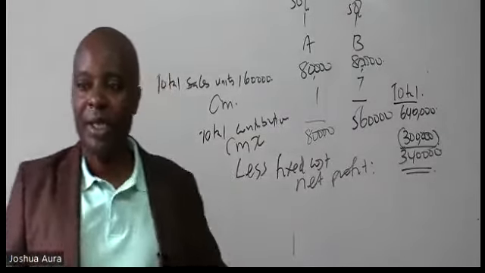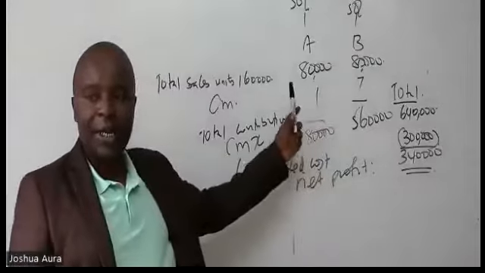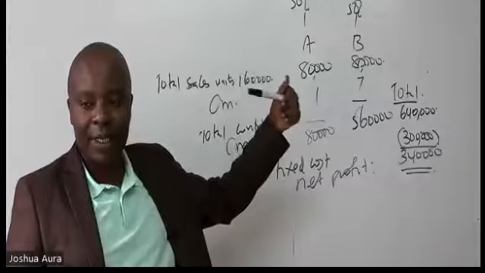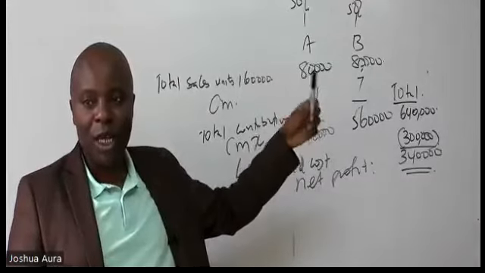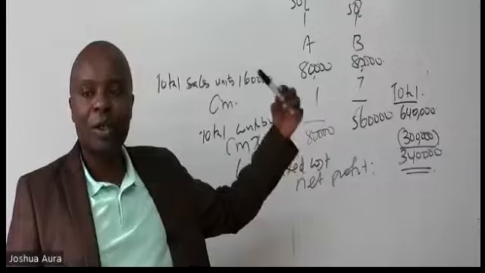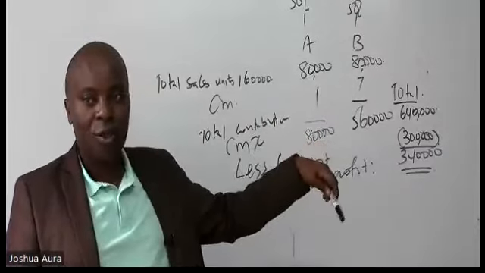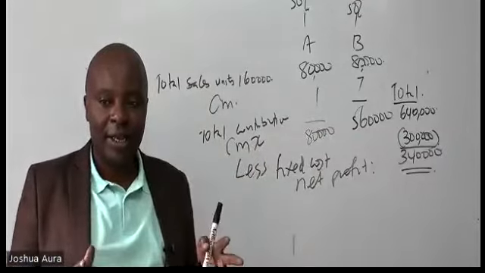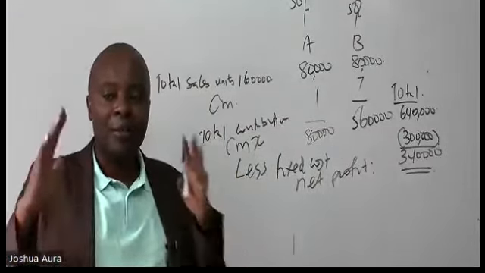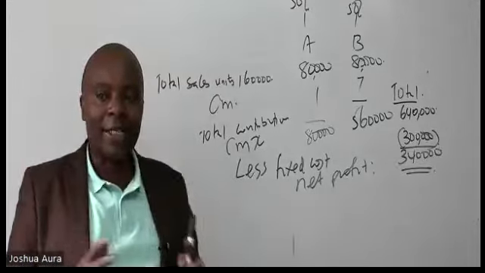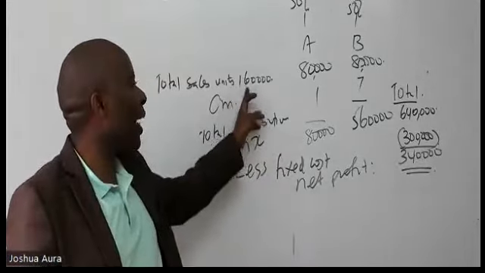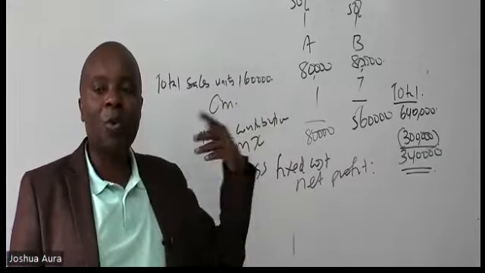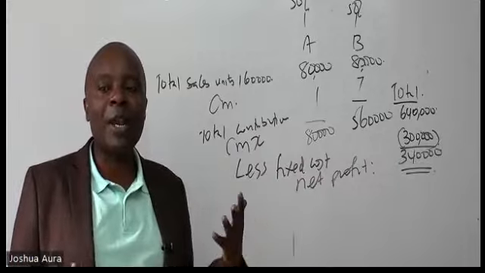From the start, remember here, they've told us that we are changing what here? Our sales mix. They've told us that we are changing our sales mix to 1:1. So what I did, first of all, I combined all the products together. A is 120,000, B is 40,000. If I add the two, I end up getting 160,000, which now I redistribute using the 1:1 ratio. 1:1 means what here?